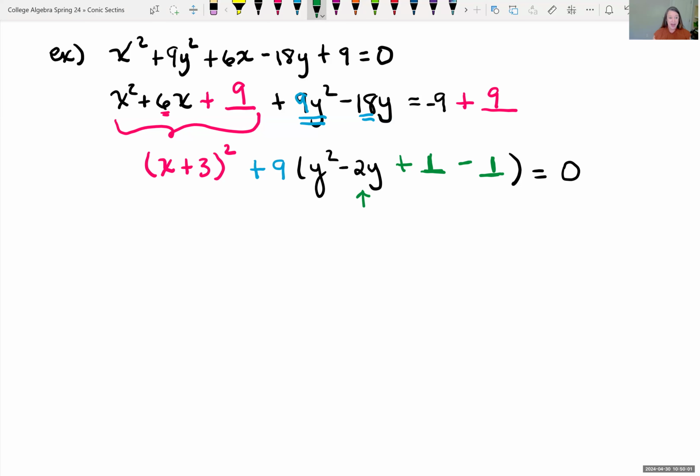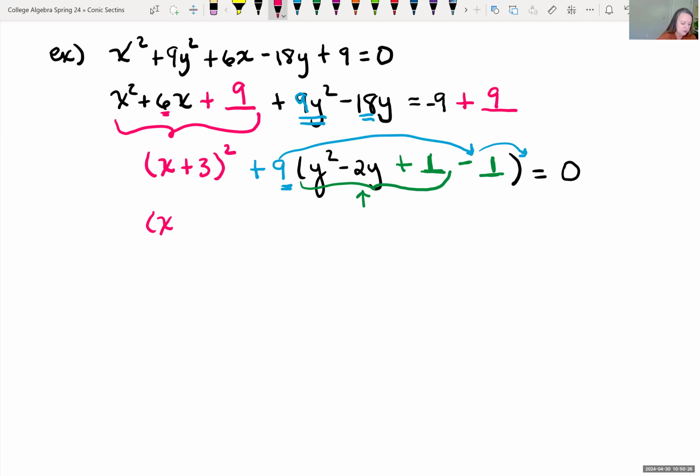So this was like I'm adding 0 inside my parentheses. And this right here is a perfect square. So I technically don't want that -1 inside that parentheses. And so I can move it outside the parentheses by multiplying it by the coefficient and pulling it out. So let's just rewrite this.